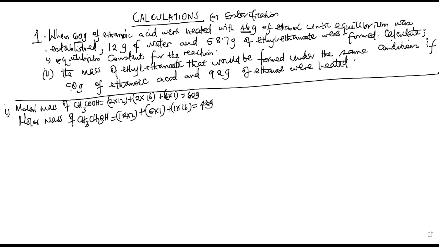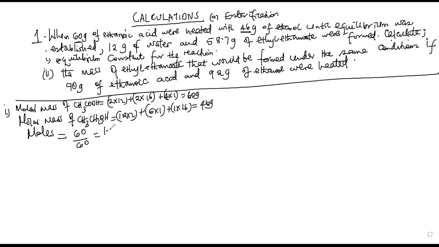So having gotten this, we can get moles, converting a mass to moles. So moles is equal to the mass over the molar mass. So the mass, 60 over the molar mass, which is 60.